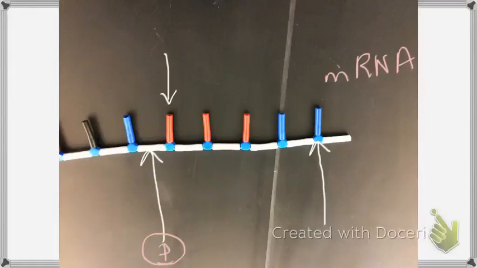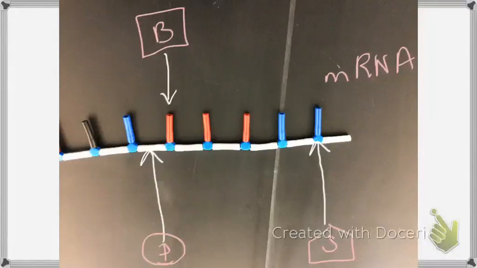Yep. How about the red? That's a base. And how about the blue pentagon? That's ribose, the sugar. Is everybody okay on this one? Yes? Because this is what's on your test right here.